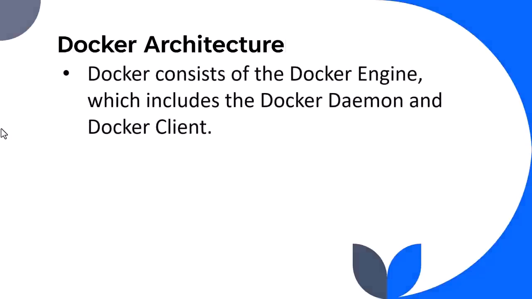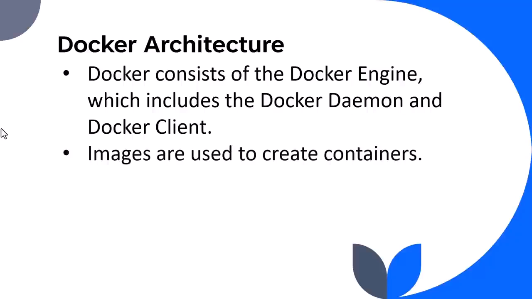Now let's look at the Docker architecture. Docker consists of the Docker engine, which includes the Docker daemon and the Docker client. Images are used to create containers. You can imagine images are just like classes or types in C#, and the objects made out of those classes are containers.